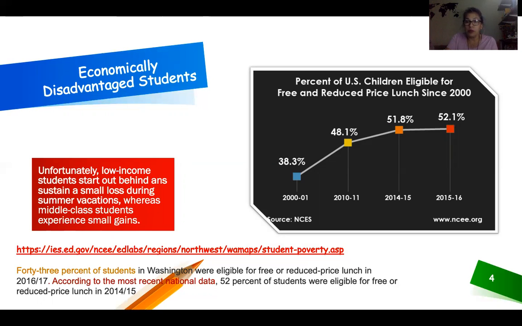They get suspended. So I'm pretty sure the numbers went up. 43% of our students in Washington were eligible for free or reduced-price lunch, according to the most recent national data. This is why I'm sharing this with you.